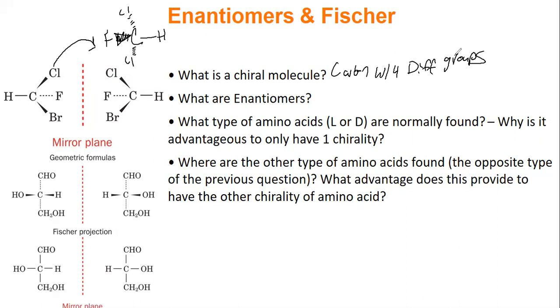And when you have chiral molecules, you have what are called enantiomers. Enantiomers are molecules that differ at a chiral center. They have opposite chirality. Organic chemistry, you learned it as R and S. Biochemistry, we call it L and D. And they are not the same things.